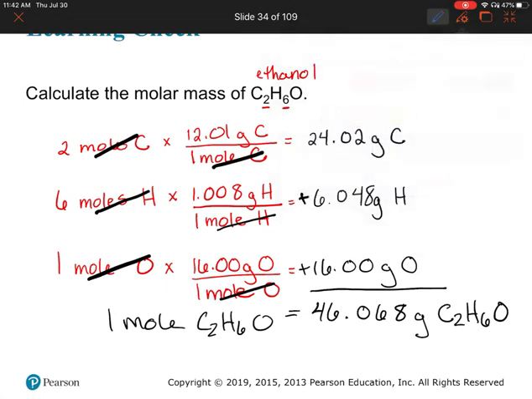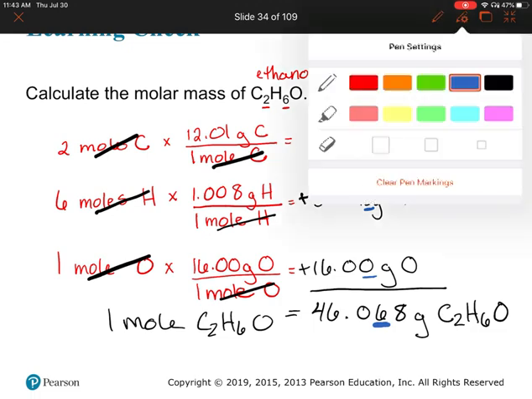Now let's talk about sig figs really quickly. So notice that our first mass ends in the hundredths place, our second mass ends in the thousandths place, and our third mass ends in the hundredths place. So going through, this is an addition problem, so we care about the number of decimal places, and we want to limit this to the fewest number of decimal places. So our answer should actually end in the hundredths place.